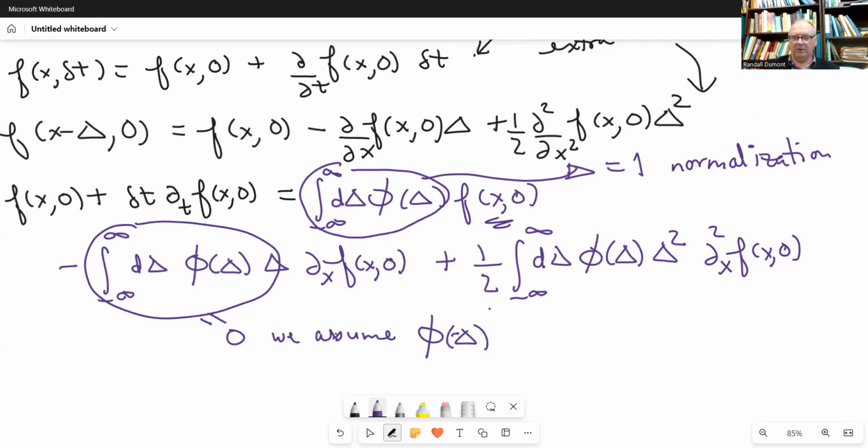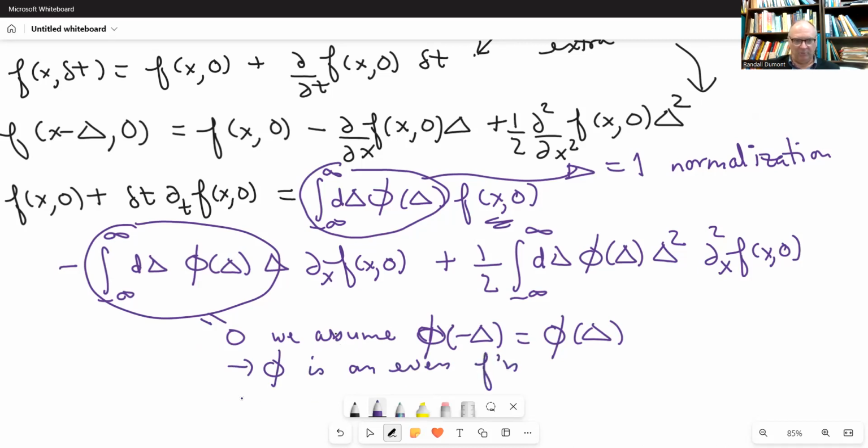In other words, I'll write that out like this. So positive and negative steps are equally likely. Phi is an even function. And equivalently, we say the step is unbiased.